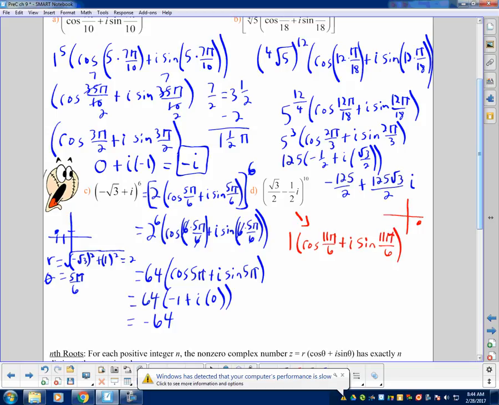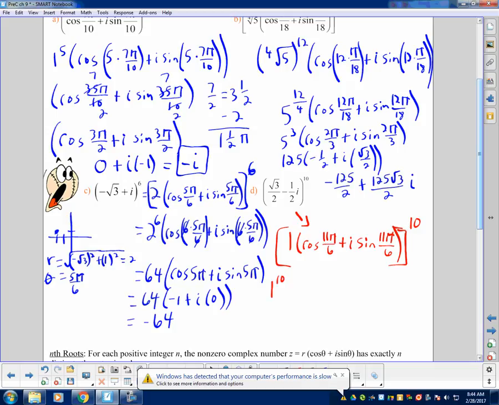And we're going to take that to the power of 10. So I'm going to put brackets around this thing and take it to the 10th power. So 1 to the 10th.